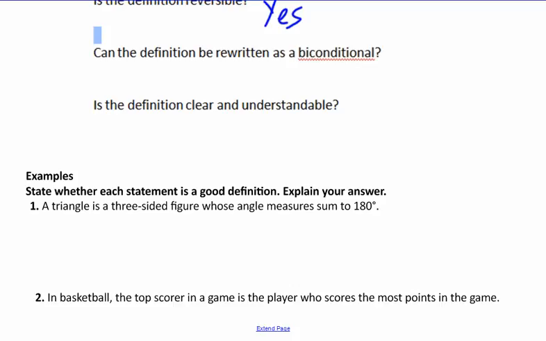If a shape has three sides and angle measures sum to 180, then it is a triangle. So this one, yes, I would say is a good definition. It's pretty precise. I would say it's a little wordy, but it's a pretty good definition.